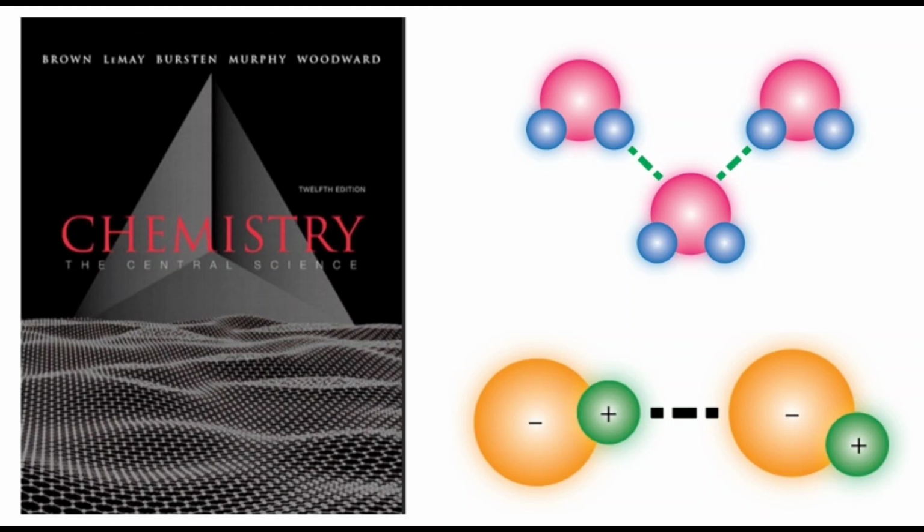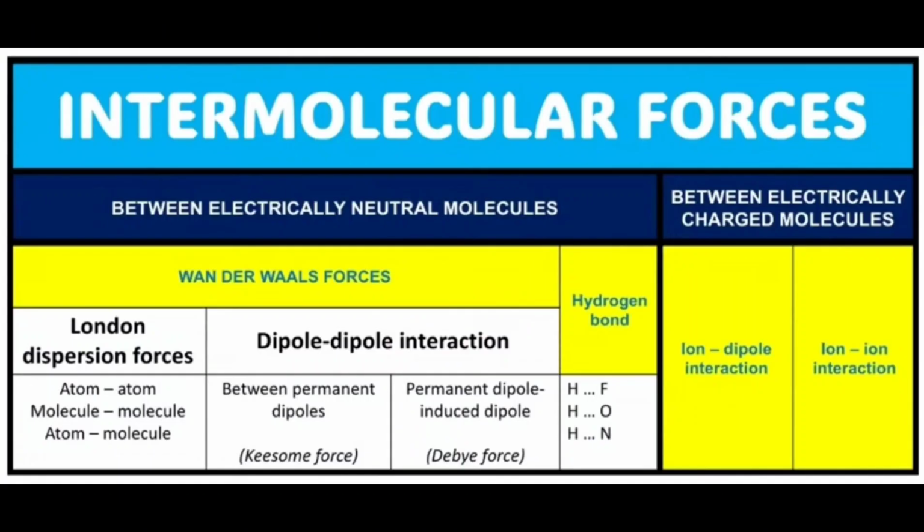Here you can see again that book which I used for preparing these materials. If you remember, we have two types of intermolecular forces, which can be between electrically neutral molecules and between electrically charged molecules. The first type, which occurs between electrically neutral molecules, can be van der Waals forces and hydrogen bond.